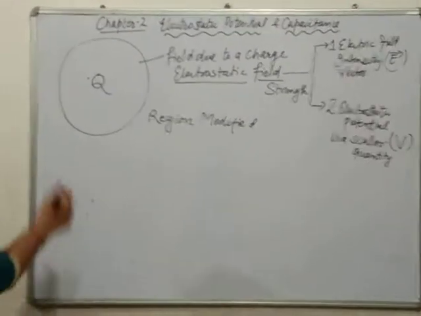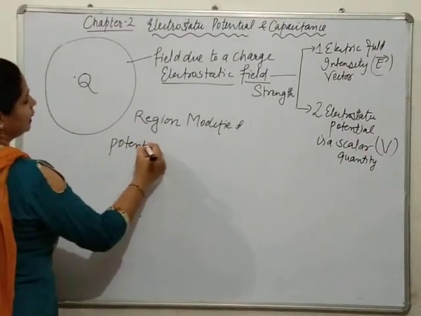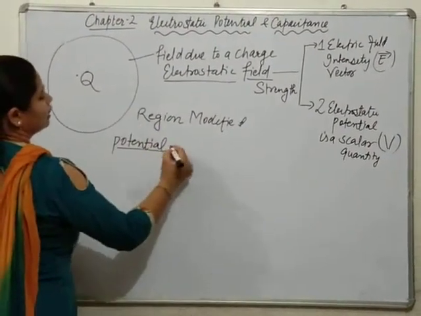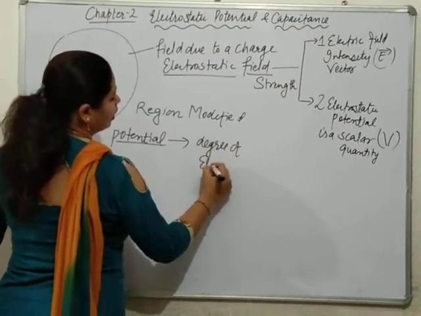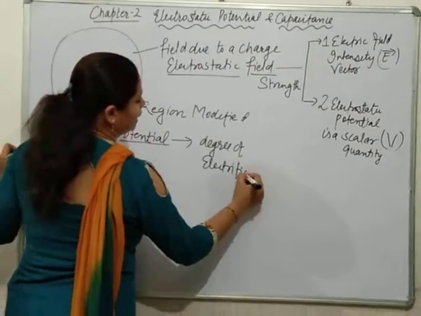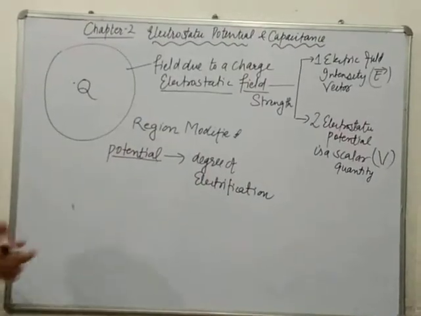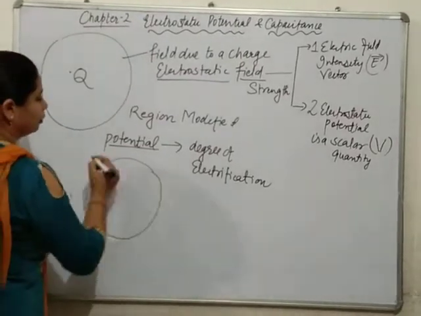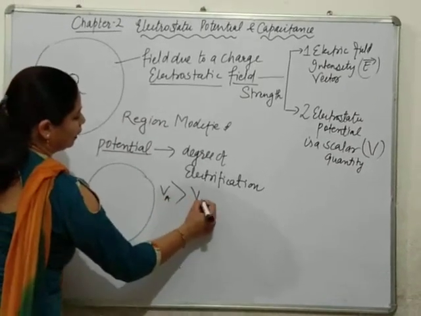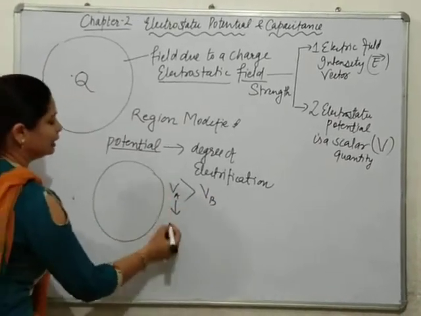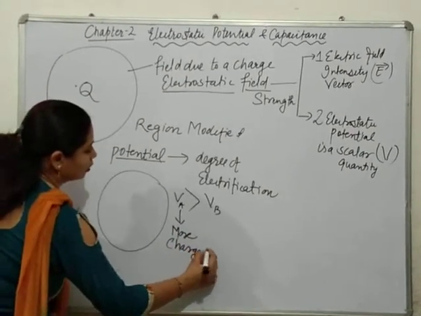Now, what do you mean by the potential? The potential around any charge determines the degree of electrification. How much is the body electrified? If potential at a particular point is more, it means it is more electrified, more charged.